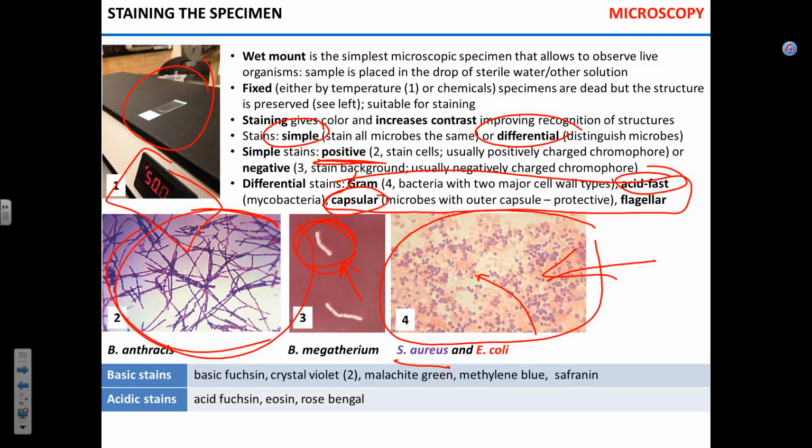Couple more. Capsular. Stain that allows you to see the capsule around the microbe. And flagellar. Do we have understanding of what flagella is? Like a tail, right? What is the problem? Why can't we see flagella normally when we look at the bacteria under the microscope?